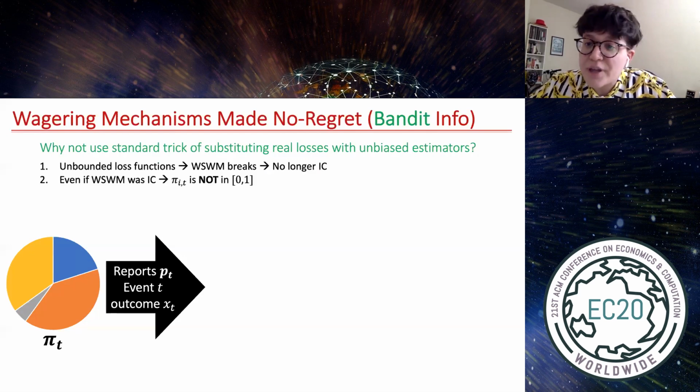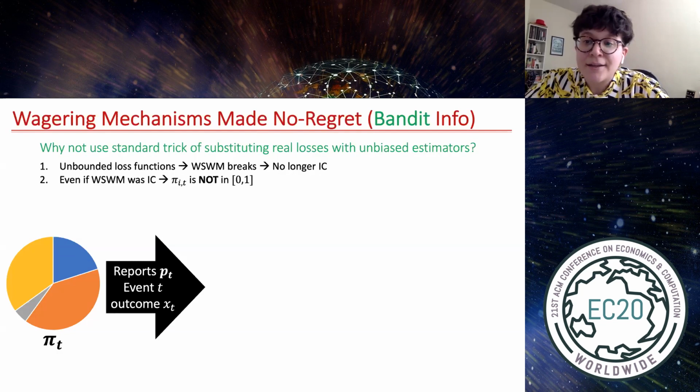Well, if you try to do that, what breaks, surprisingly, is the weighted score wagering mechanism. It's no longer incentive compatible. And even if it was, if you try to use the same update rule as in the previous slide, the probability that you give to each agent is strictly outside of the interval 0-1. So it's no longer a valid probability distribution.